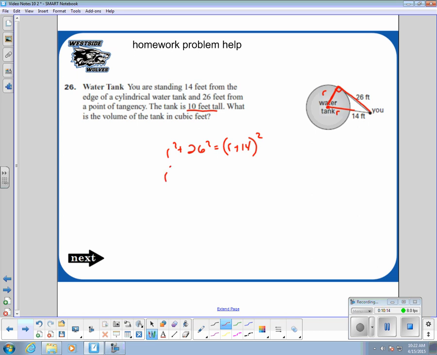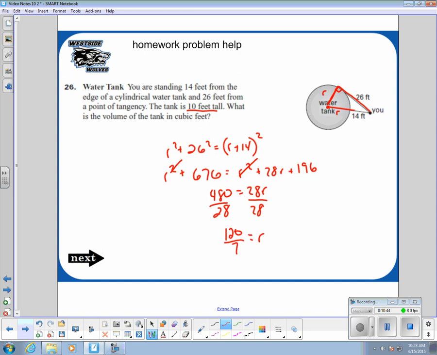So r squared plus 26 squared is 676, equals r squared plus 28r plus 196. Subtract, we get 480. Remember, the r squareds are going to cancel, so it's not really a quadratic. Don't get scared because you see an r squared. We divide by 28, divide by 28, so I get 120 over 7 is equal to my radius.